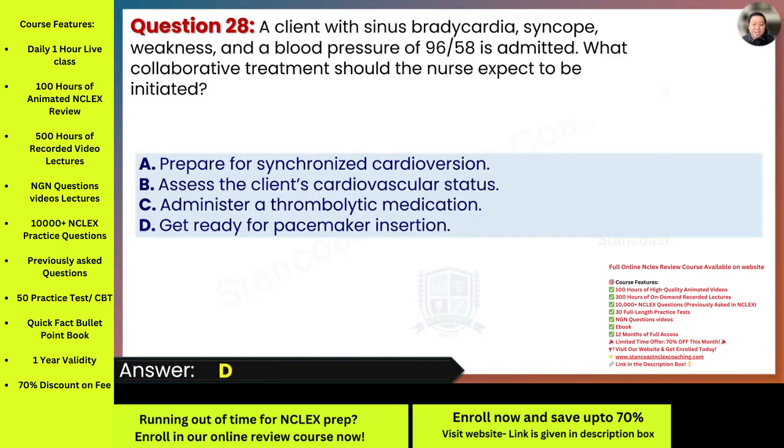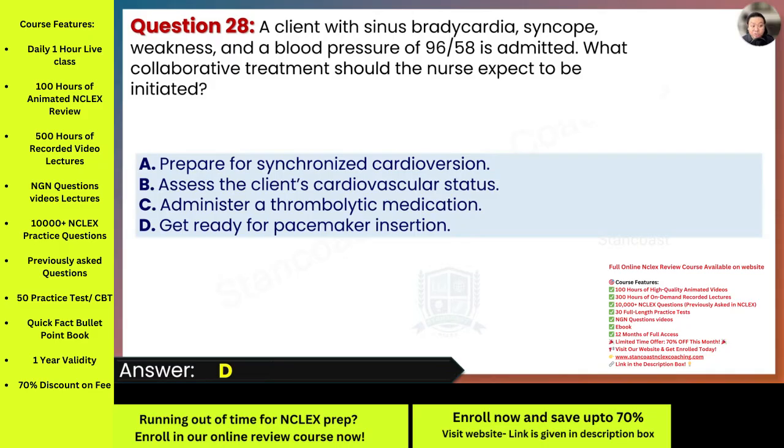Administer thrombolytic medication. This is also incorrect because thrombolytic drugs are used to break down clots, but they're not used to treat bradycardia, and there is no indication of a clot such as chest pain or signs of myocardial infarction, so thrombolytics are not relevant in this case.